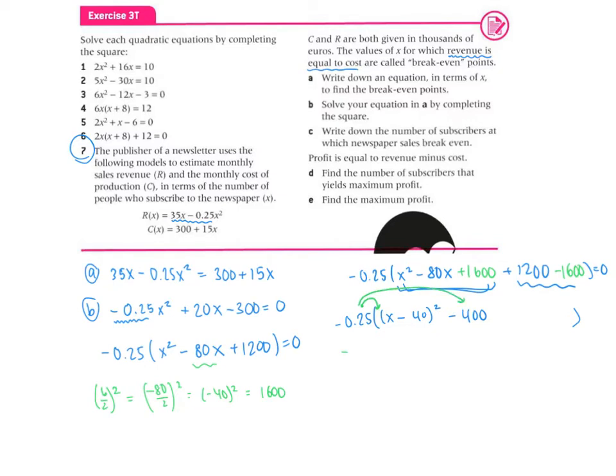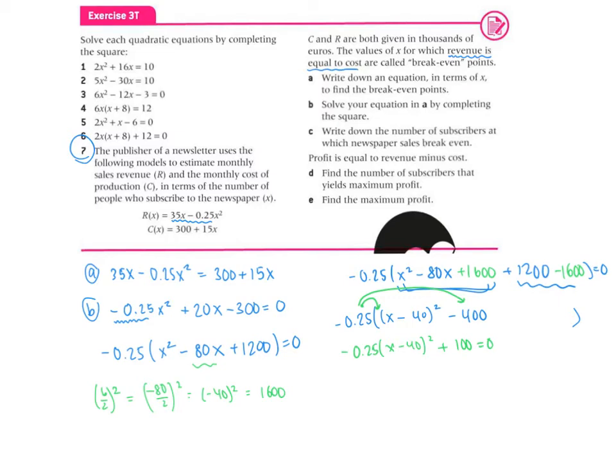So I'll get negative 0.25 times x minus 40 squared plus 100 equals 0. And that's basically what they have in the answer key. They just move the 100 over. But if you want the function in completed the square form, this is it.